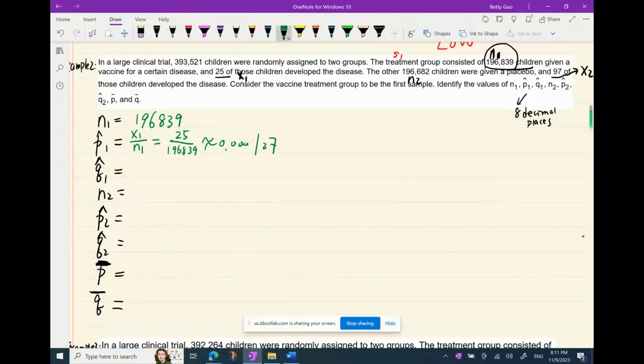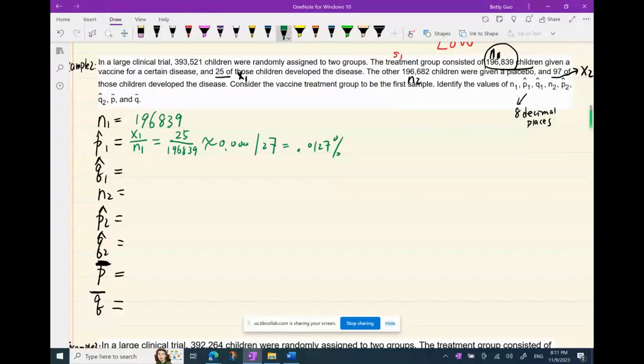As a percentage, that is just 0%. No, I'm not going to write 0%. I'll write 0.0127%.